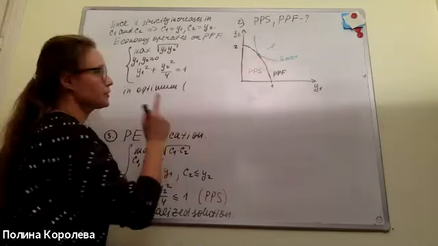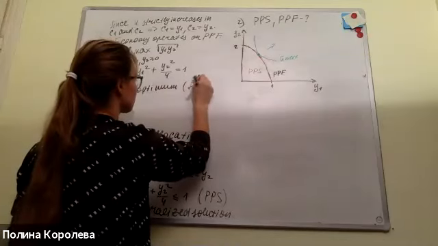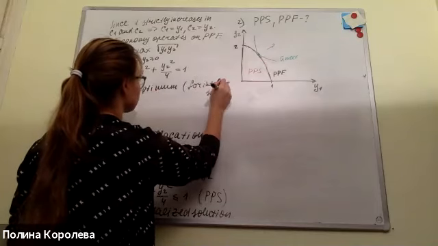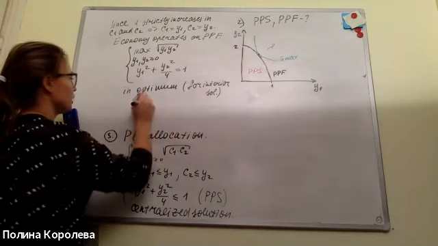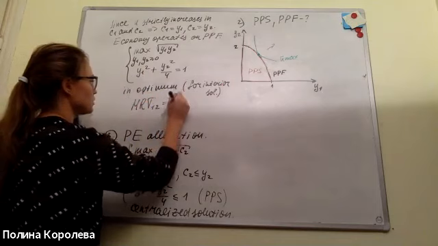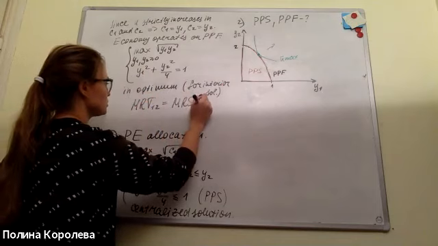Great. So in optimum, for an interior solution, the marginal rate of transformation of the first good to the second good should be equal to the marginal rate of substitution of the first good to the second good.